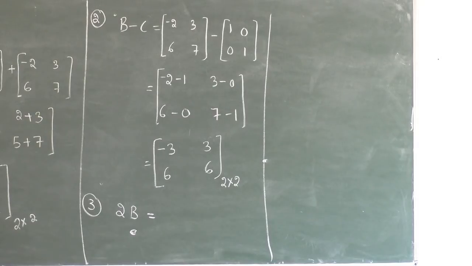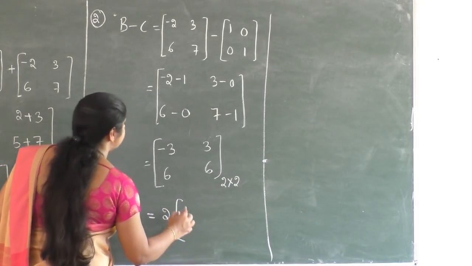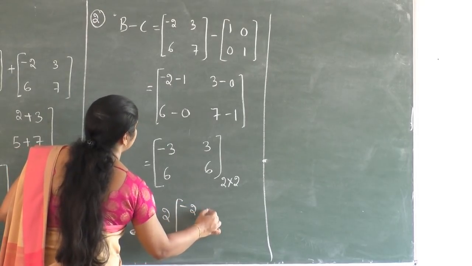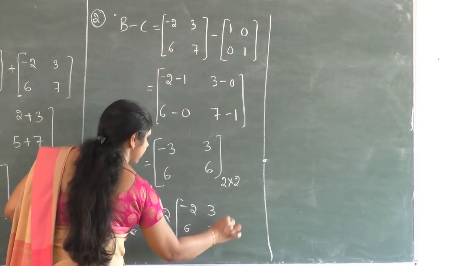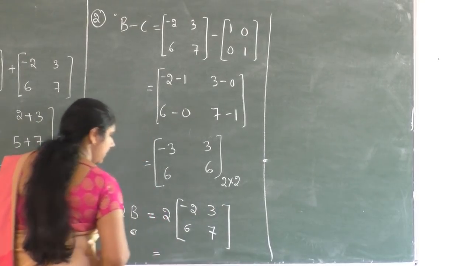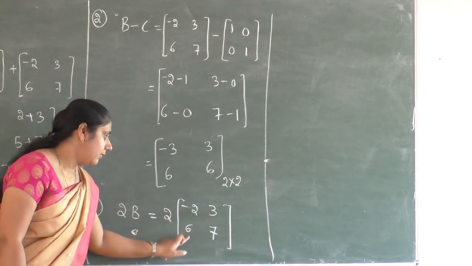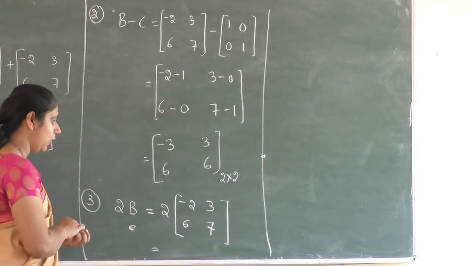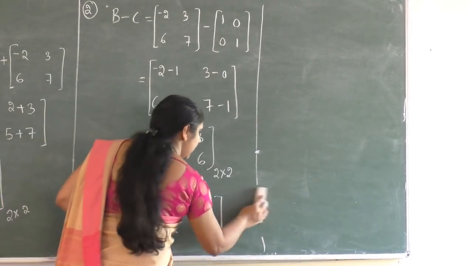2B, that is scalar multiplication of a matrix. That is 2 into, what is B? Minus 2, 3, 6, 7. In the scalar multiplication, you have to multiply the scalar to each and every element of the matrix. So you have to multiply 2 to each and every element.